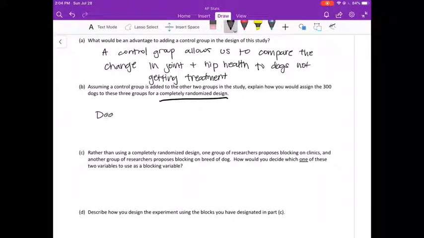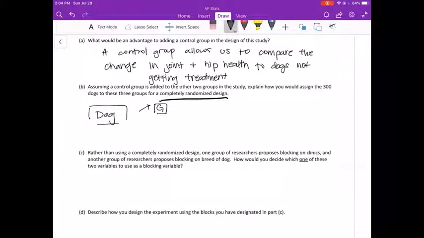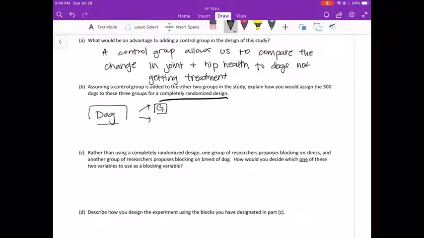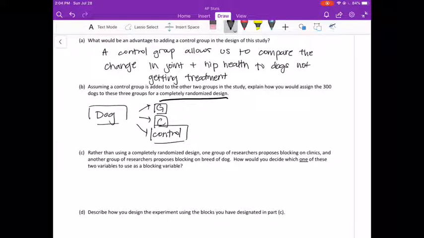So you start with your dog. It's either going to get the glucosamine, or they're going to get the other supplement, or they're going to be a control.